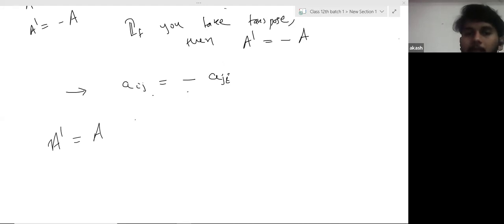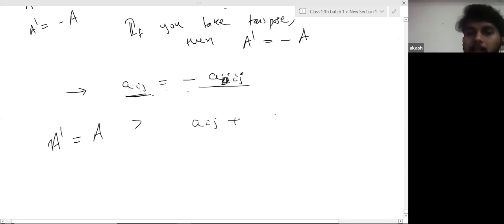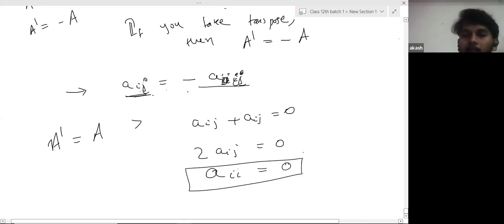All right. So from here you can see, this is Aij. In a skew symmetric matrix, all the elements are negative of the corresponding elements. That means Aij plus Aij is equal to 0. That means 2Aij equals 0 for all these elements. Aii, that means Aii will be 0. What this means is all the diagonal elements will have to be 0 in a skew symmetric matrix.